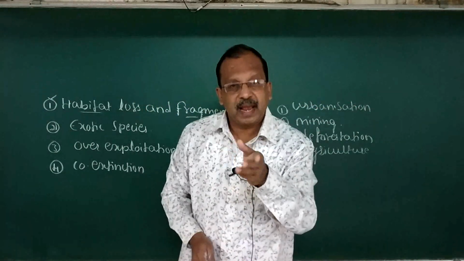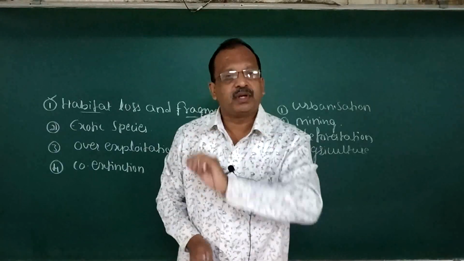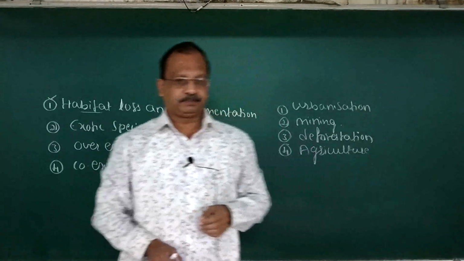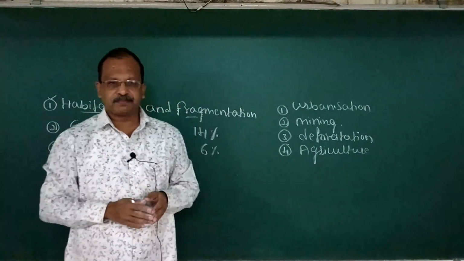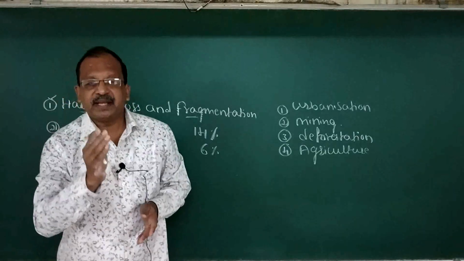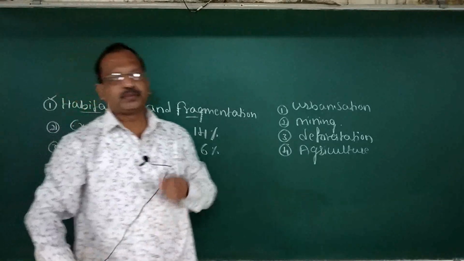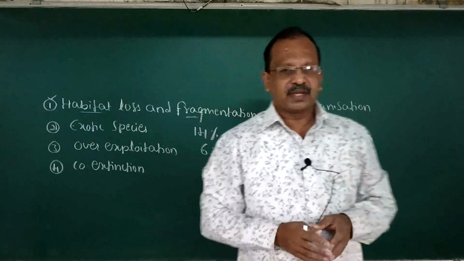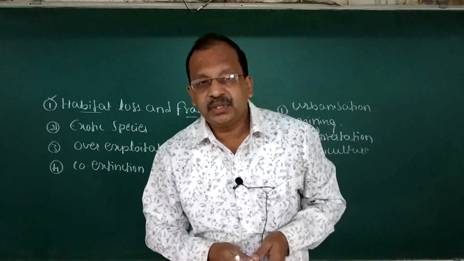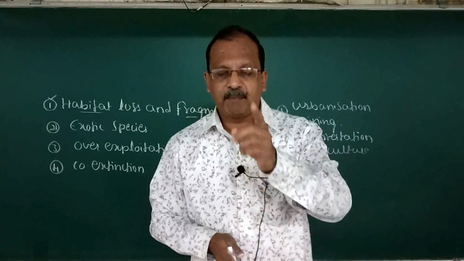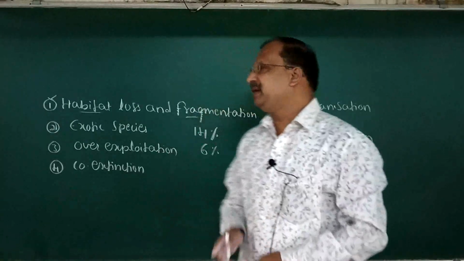When larger habitats are broken down into smaller fragments, especially mammals, birds and migratory animals are badly affected, because mammals and birds are in need of large territories. They are badly affected due to fragmentation.